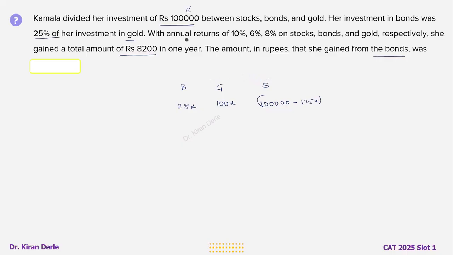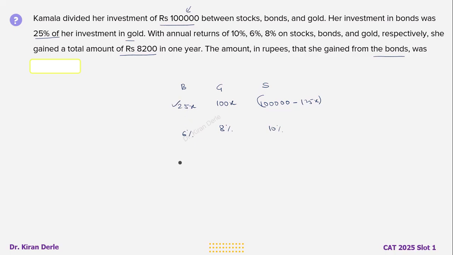Now with annual returns of 10% in stocks, 6% in bonds and 8% in gold, she got a total of this much. Very simple now. If she got 6% of 25x, her investment in bonds is 25x, of which she got 6% returns on it.